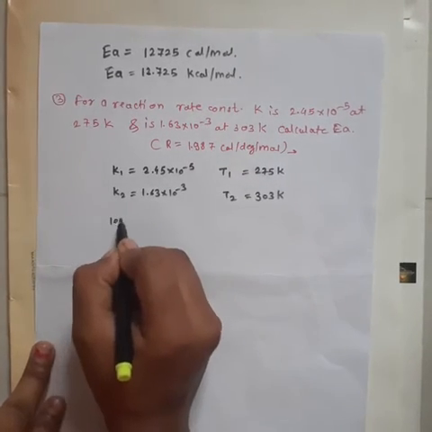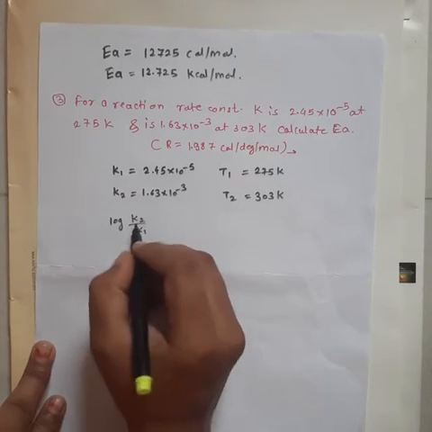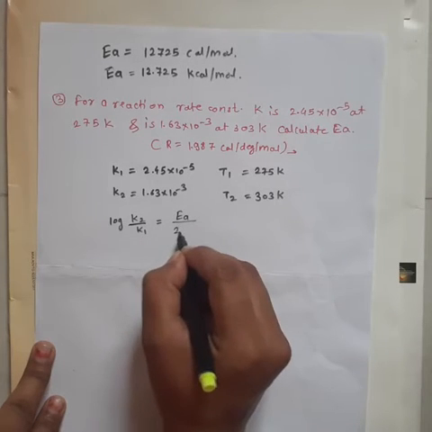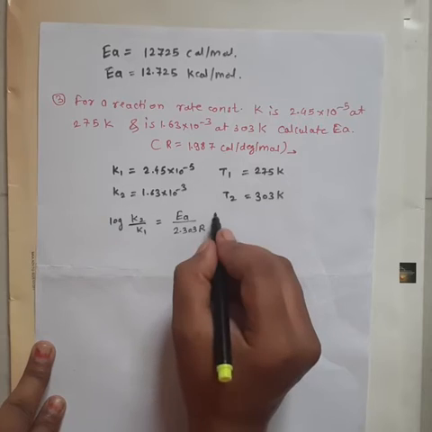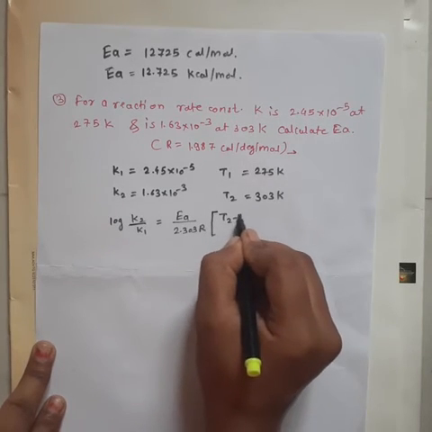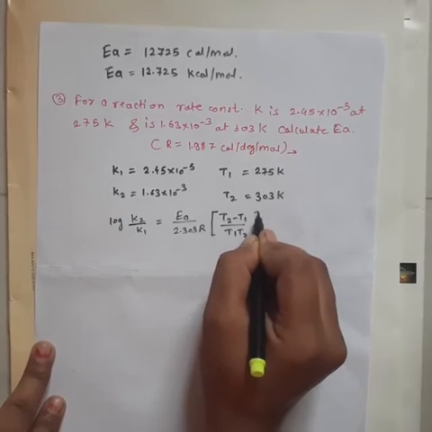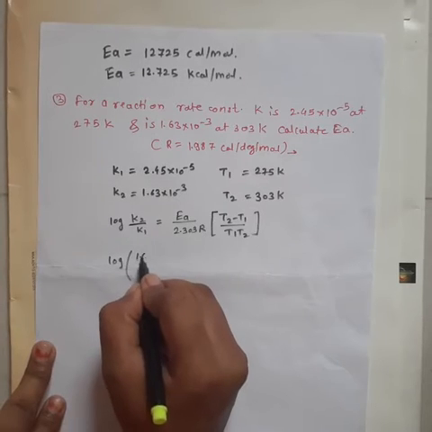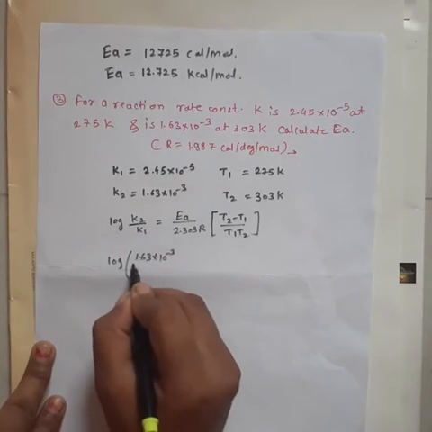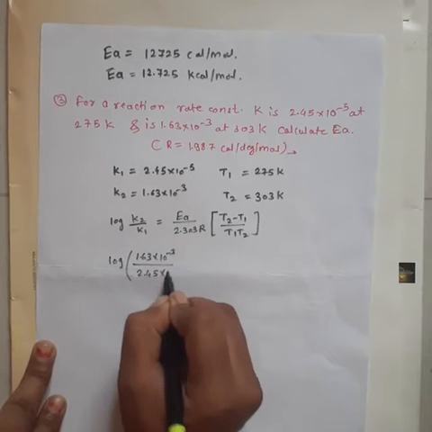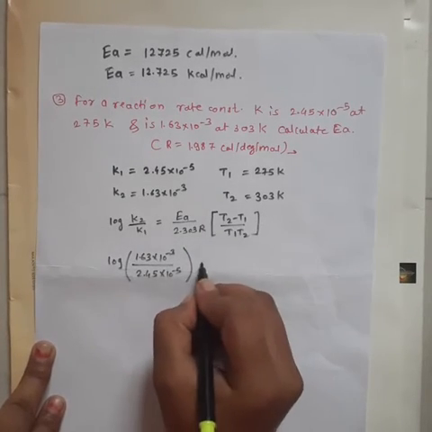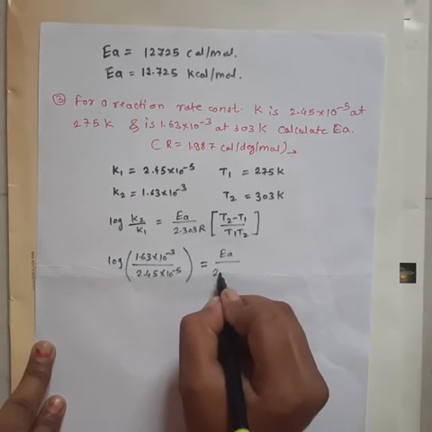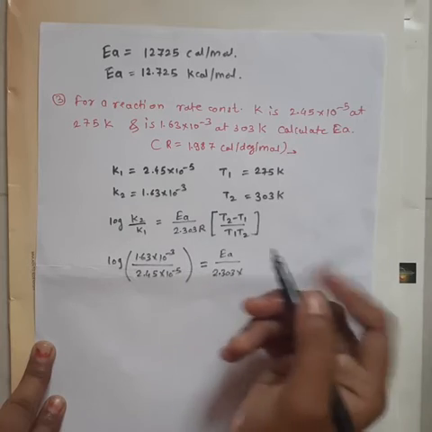So we know the equation, log of K2 upon K1 is equal to EA upon 2.303 R into T2 minus T1 divided by T1 T2. So if we put the values, log of 1.63 into 10 raised to minus 3 divided by 2.45 into 10 raised to minus 5 is equal to EA, which we have to evaluate, divided by 2.303 into R. What is the value of R?